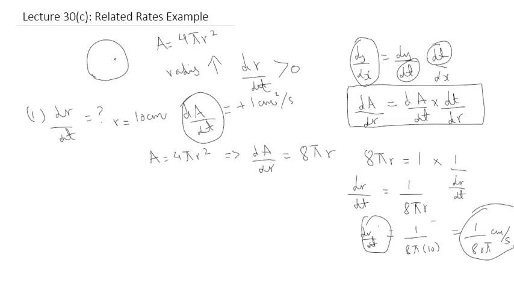If you guys notice, this does not necessarily apply to just the value of r equals 10. Any value of r could be plugged over here, and the resultant change with respect to time for the radius could be determined at that particular value of the radius. So that's the underlying concept over here.